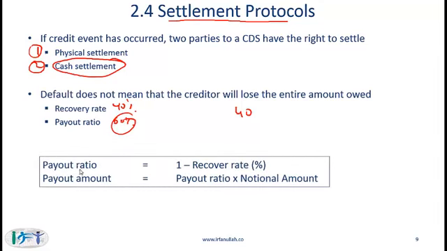The payout ratio is 1 minus the recovery rate. Again, this payout ratio is what the protection seller will pay. So the payout is from the context of the protection seller, and obviously that is the amount that the protection buyer will receive. This is 1 minus the recovery rate, and therefore the payout amount is simply the ratio multiplied by the notional amount.